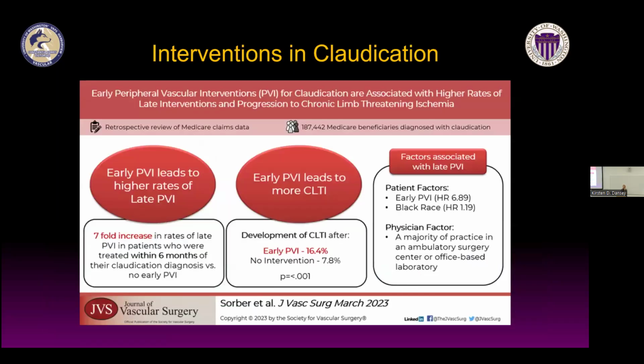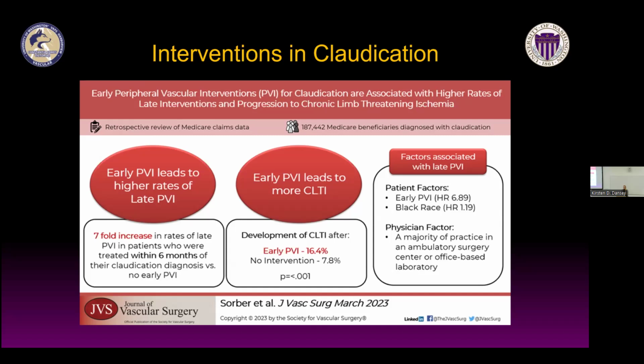Just a quick discussion about interventions in claudication. There have been a couple of controversial studies looking at early peripheral vascular interventions for patients with claudication, and discussing how that accelerates disease. Probably one of the more controversial ones looked at Medicare claims data.